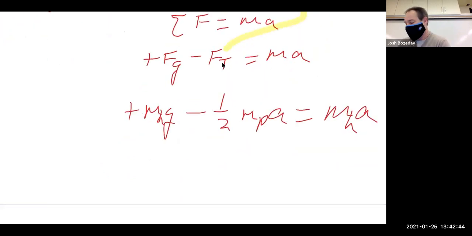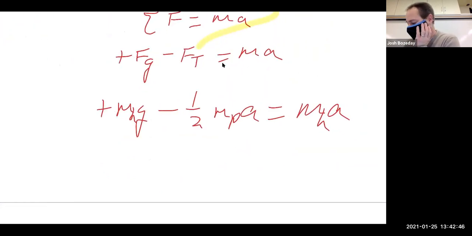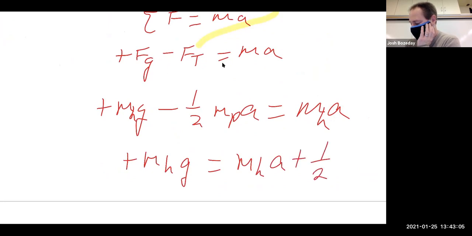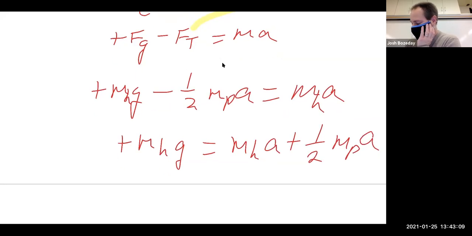So the last step is we're trying to find acceleration. So we gotta get all the accelerations on the same side of the equal sign. So we're gonna move this over to that side. So here we go, we're gonna go plus hanging mass times g equals hanging mass times a plus 1/2 pulley mass times a. And then we can factor acceleration out.